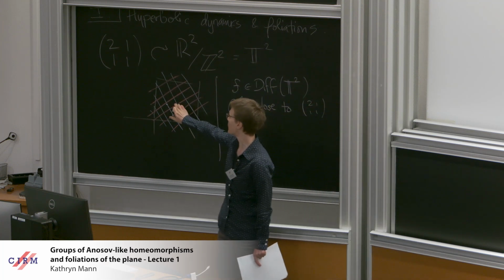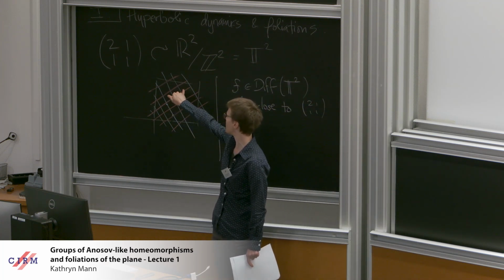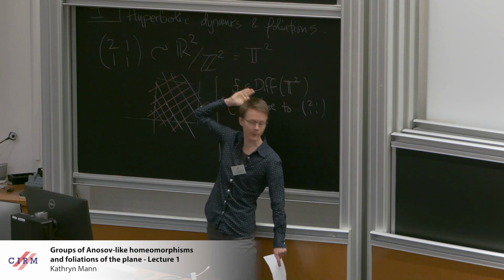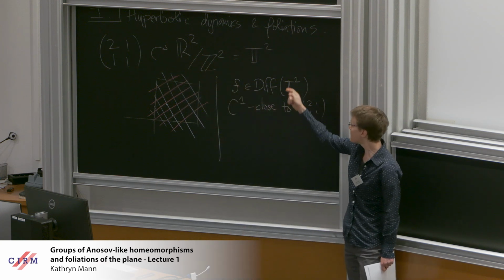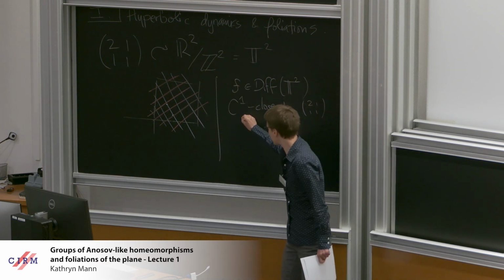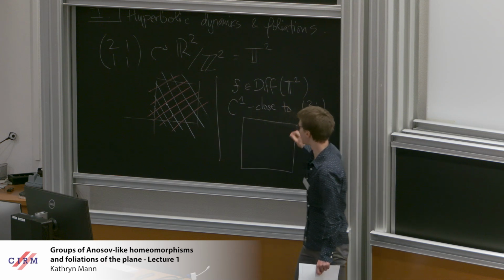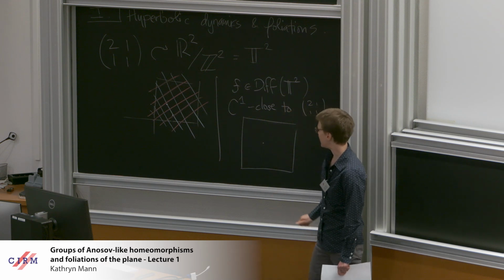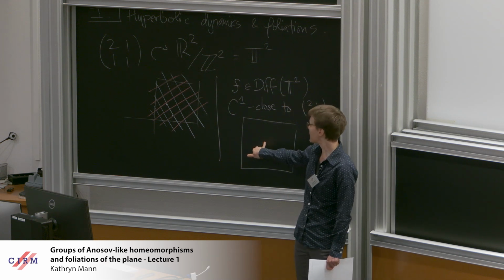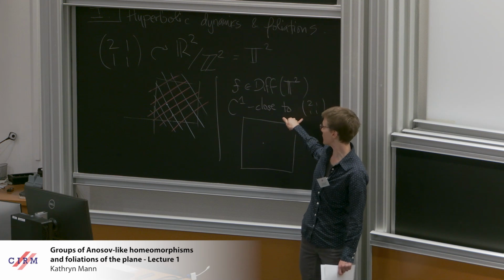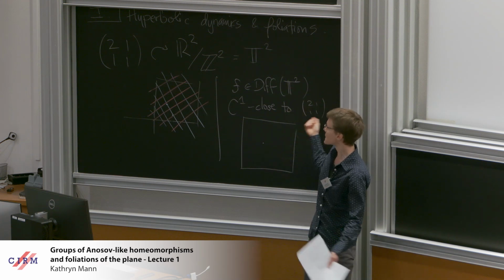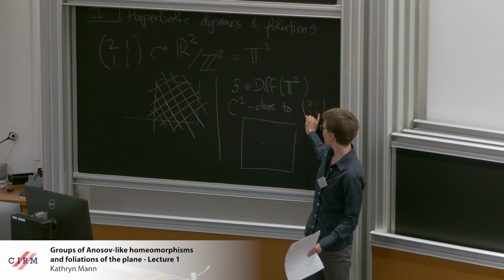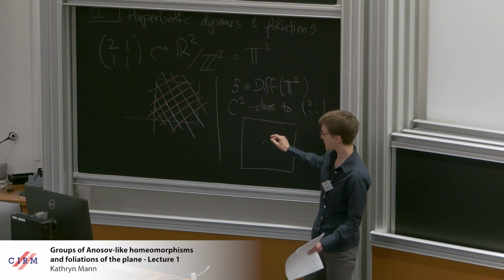It means not only that the image of a point under F is somewhere close to what 2111 would have done to the point, but the derivative is close at every point. So this tells me that on the torus, at every point, the derivative is something close to this linear map, 2111. So the eigendirections of the derivative are somewhere close by.